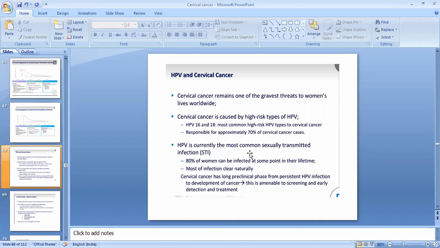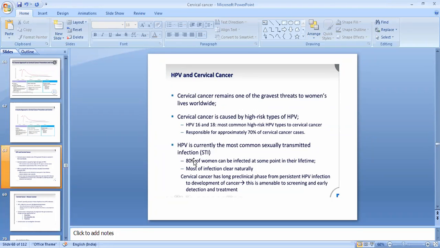HPV is currently the most common sexually transmitted infection. Also, this is a common STI. Then 80% of women can be infected at some point in their lifetime, and most infections clear naturally. One thing is that this infection is self-limiting. If people get infected with this, even without vaccination, they get cured naturally.